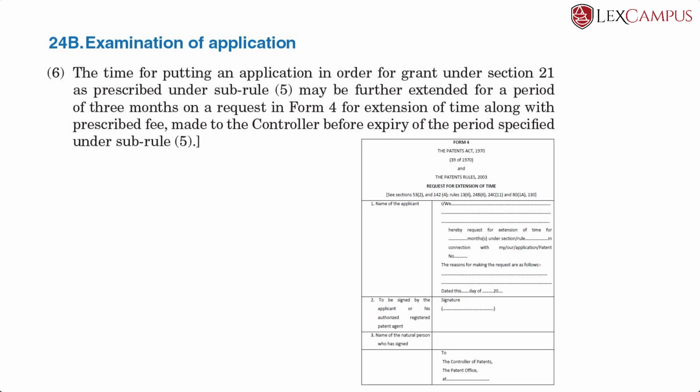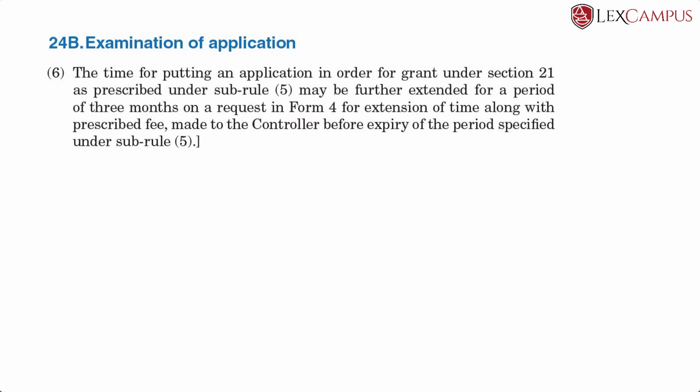So 6 plus 3. Whether you can file further Form 4s one after the other and extend the timeline is debatable. But sub-rule 6 tells us that before the 6-month period expires, you could file for a further extension of 3 months.